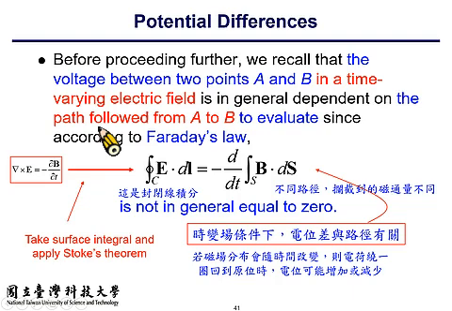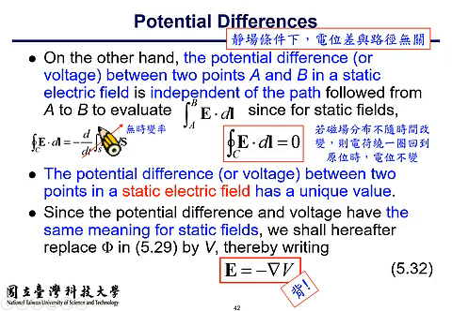In other words, for steady electrical field, the electrical field is the so-called conservative field, pretty much the same as the gravity field. Gravity field is the so-called conservative field. Steady electrical field is also conservative field, which is independent of the integration path.